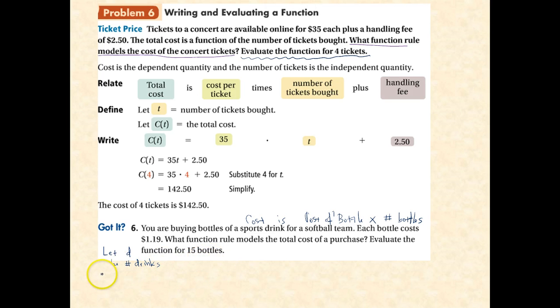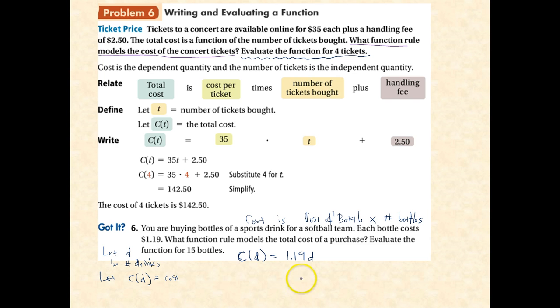And then I'll let C of D equal the total cost. So then my function is going to be C of D, the cost depending on the number of drinks, equals the cost of a bottle times the number of bottles of drink. So 1.19 times D.